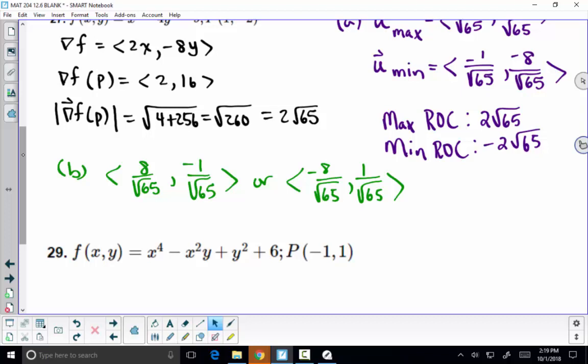So the u max: we do 2 divided by 2 root 65, and 16 divided by 2 root 65. The gradient vector is 2 comma 16, and to unitize it we divide both of those terms by the length of the vector, which is 2 root 65. Then the 2 cancels.